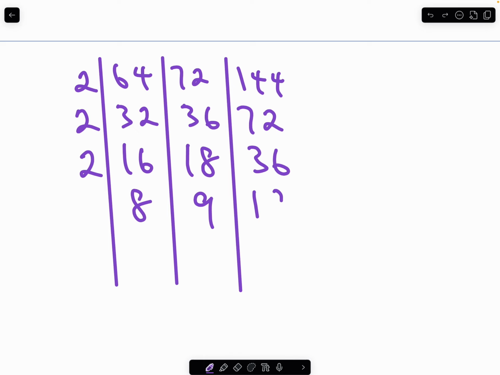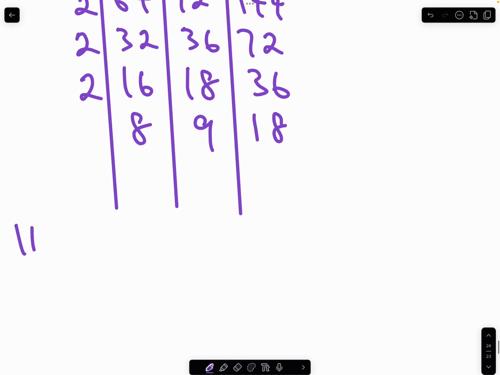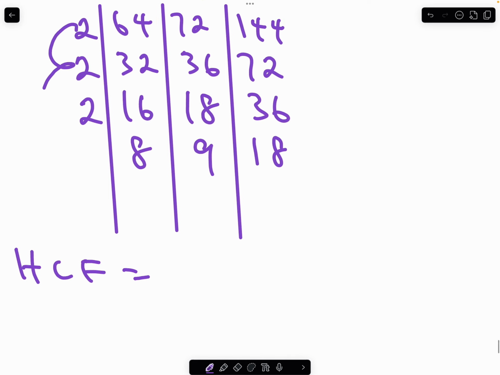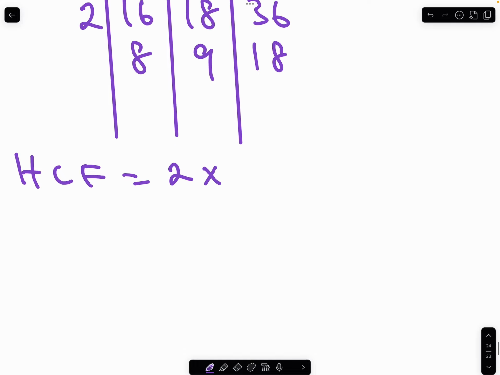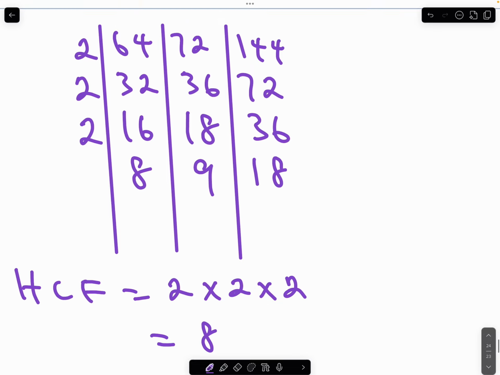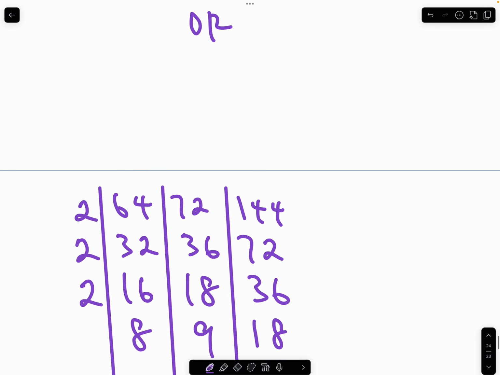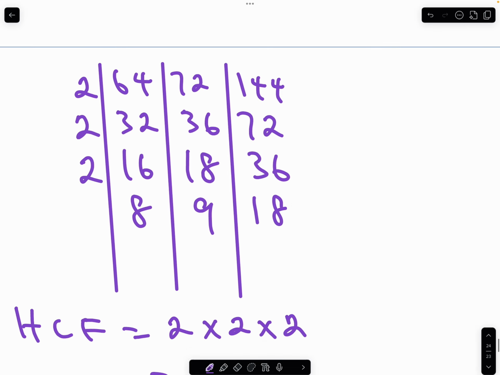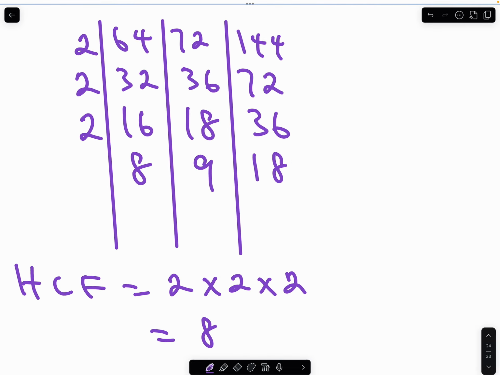And there's no number that will divide all of them anymore. So the HCF will be 2 times 2 times 2, which is equal to 8. So you can always use this method to find the HCF. And that's it.